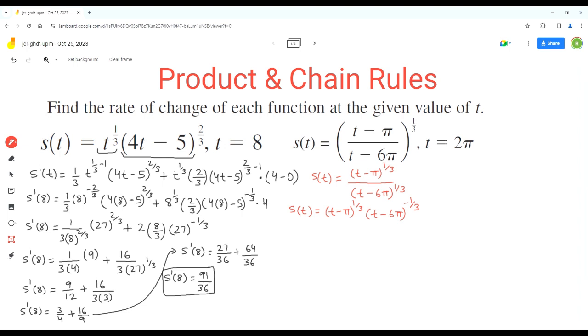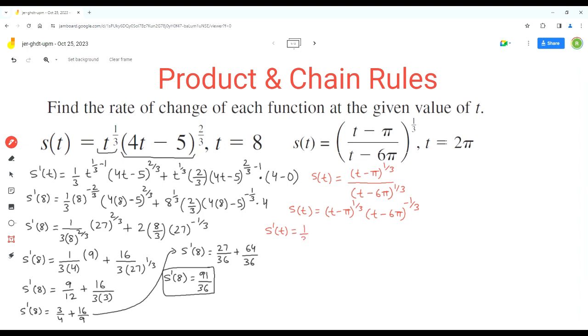Now we can use the product rule to find the derivative of this function. So we get s prime of t equals the derivative of the first function, so we'll have to use the chain rule here. So t minus pi is the inner function, and the outer function is the power function with the exponent 1 over 3. So we start with the derivative of the outer function.